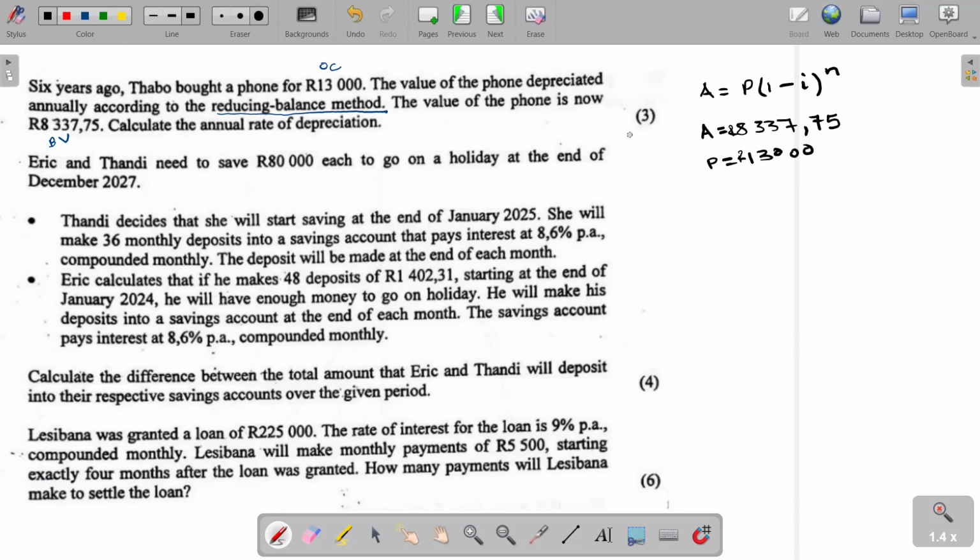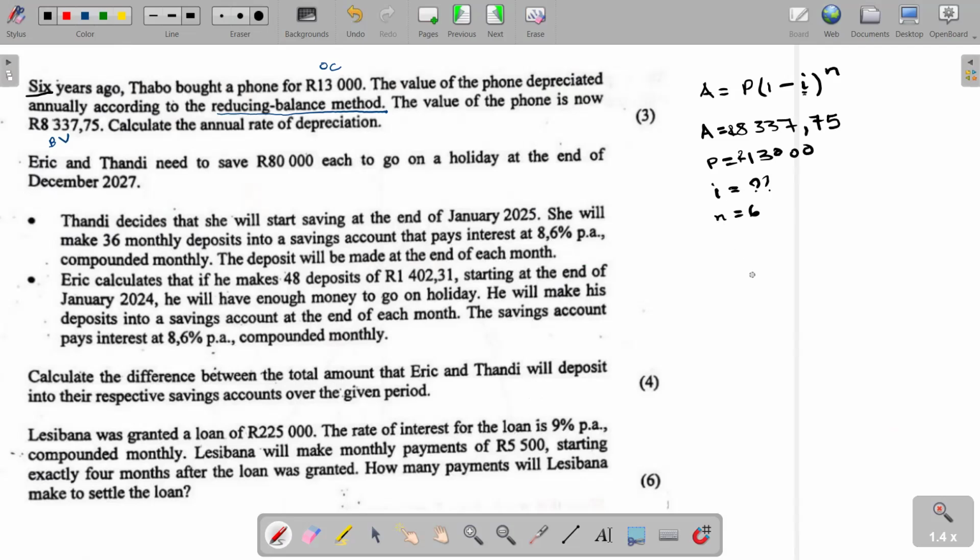Then the question is saying calculate the annual rate of depreciation, which is denoted by I. The phone was bought 6 years ago. So our I is missing, that's what they want you to calculate, and our n is equal to 6.